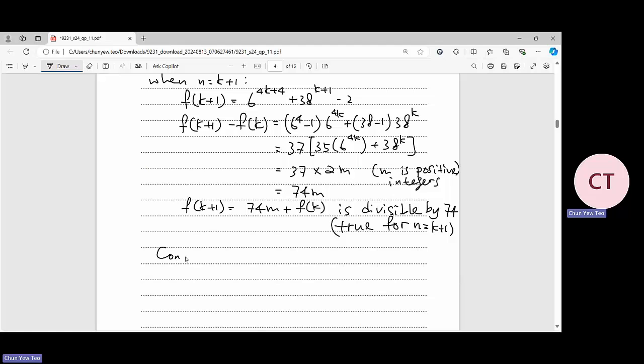So conclusion, by PMI, principle of mathematical induction, 6^(4n) plus 38^n minus 2 is divisible by 74 for all positive integers n.